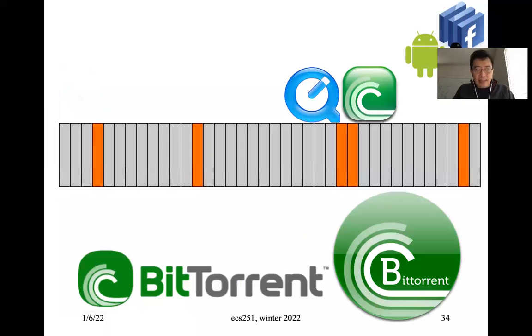Remember my first lecture, I said the operating system sometimes needs to coordinate different applications to do something. So one of my final projects for undergraduate operating systems is for them to coordinate 2 applications. One is the BitTorrent client, one is the player, like QuickTime.